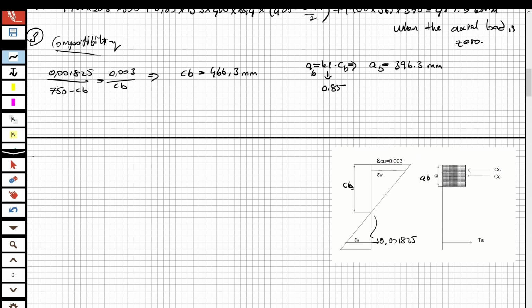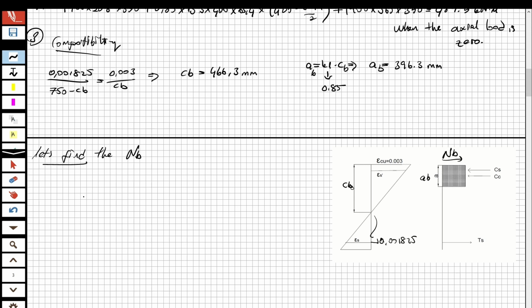So let's find the axial balance force. Okay, the axial balance force. How is it going to be found? I'm going to write, and here, for example, this is NB.